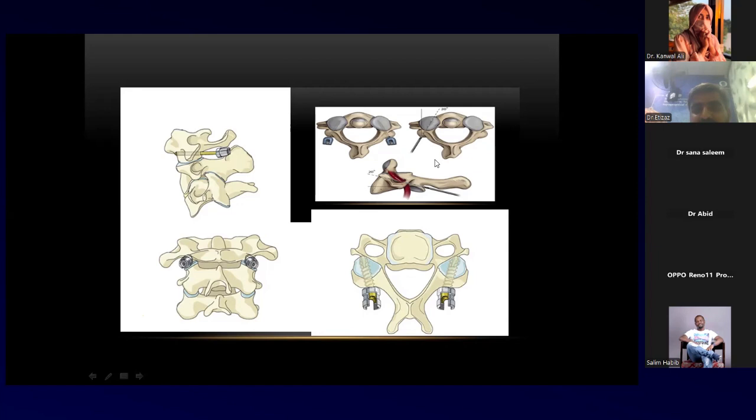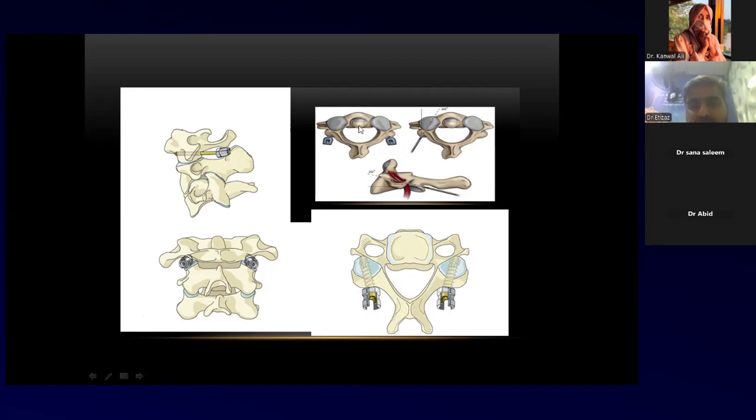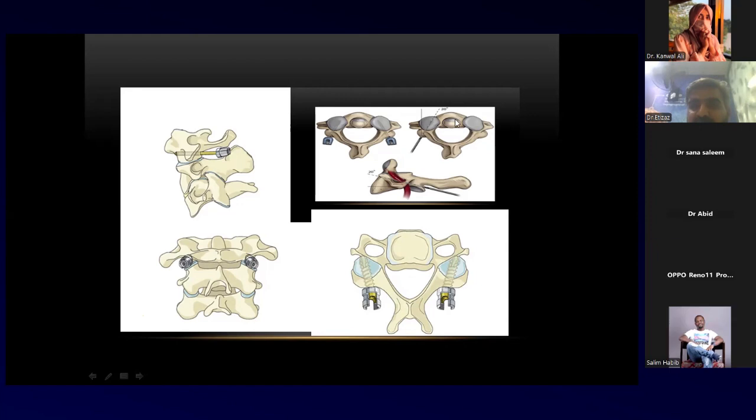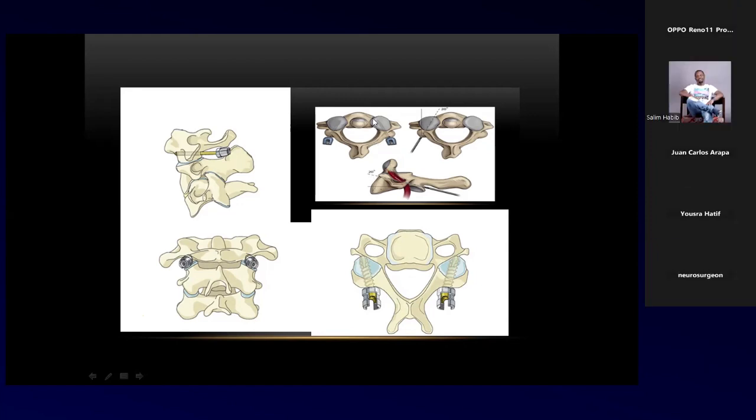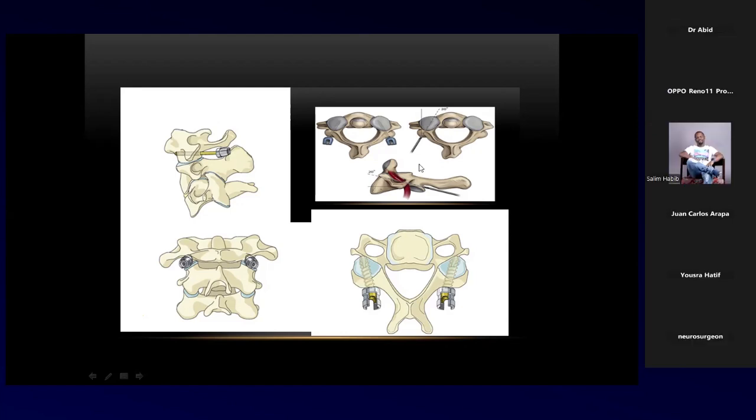What kind of screw? Sir, the above picture is showing pars. This one. Yes, pars. This is pars. How is this pars? How will this be pars?